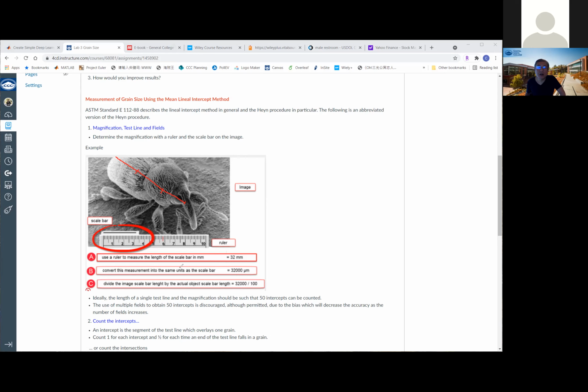So you have to use the ruler to measure this one, and you divide that length by the number that they put in here. Let's say your ruler gives you 32, and you have to use the same unit, so this is millimeter.